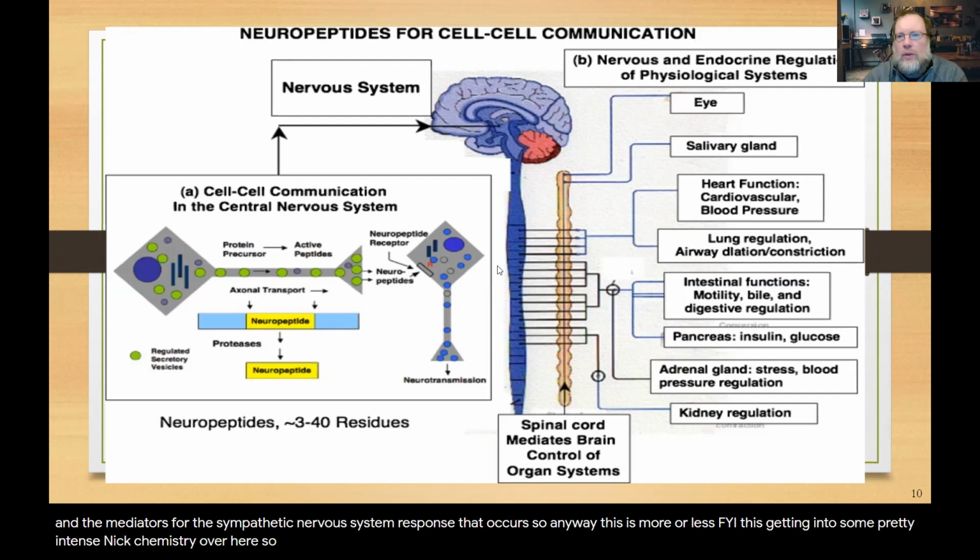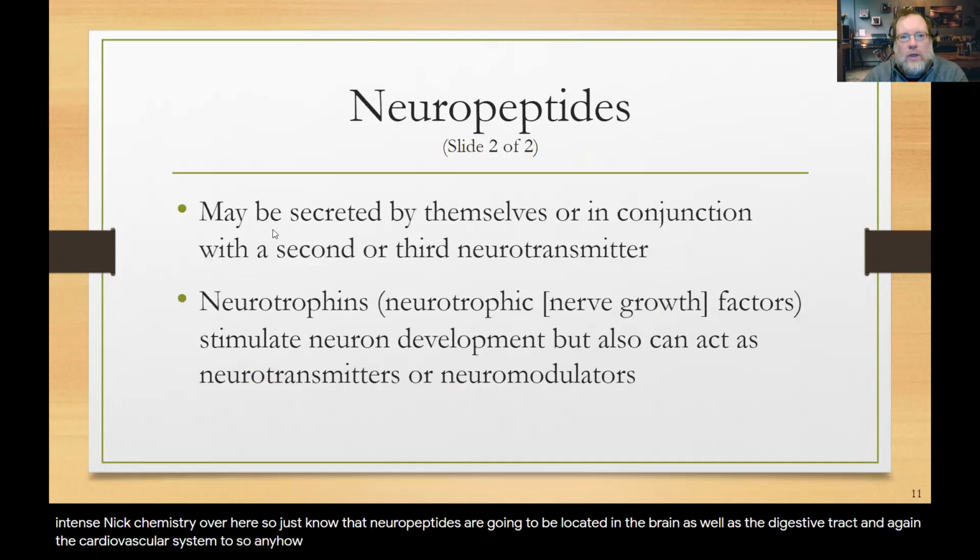So just know that neuropeptides are going to be located in the brain as well as the digestive tract, and again, the cardiovascular system too. We do see them secreted by themselves. Oftentimes, they can also be secreted as a group or in conjunction with other neurotransmitters.